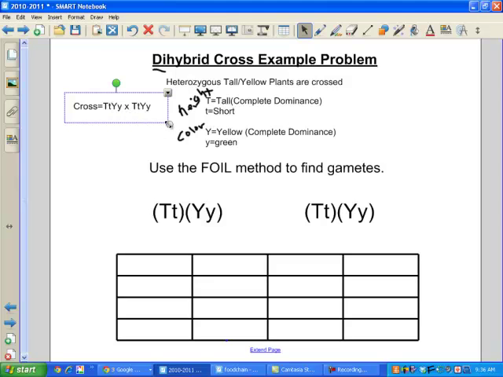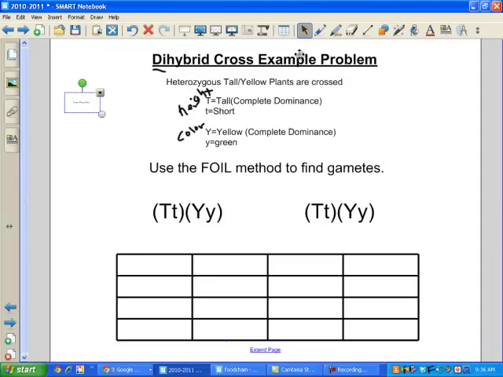They are heterozygotes. So how we do this, and how I have always done it, is I take the genes that are available for each parent, and I separate them by commas, here, here, here, and here. And then what we need to do is we need to figure out the possible combinations that you can get of the gametes.